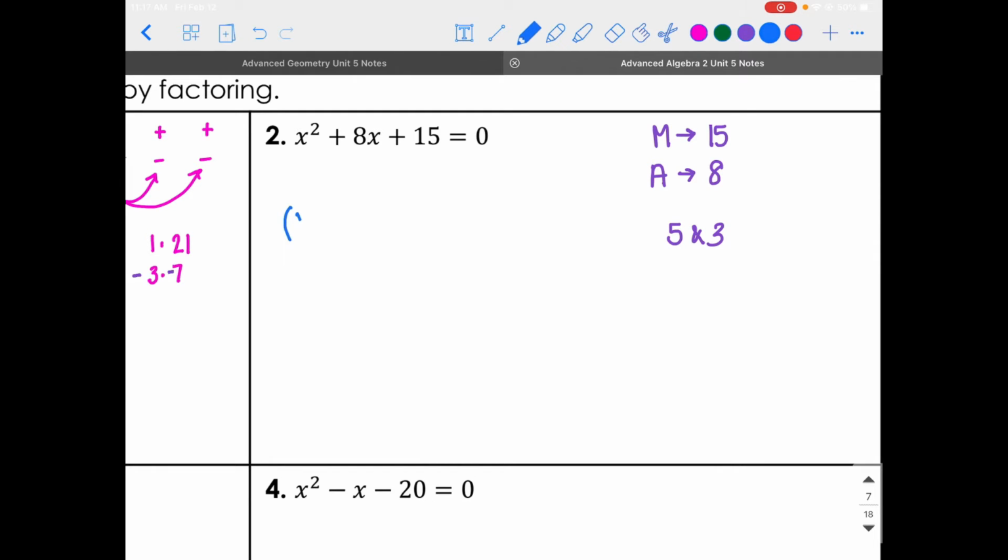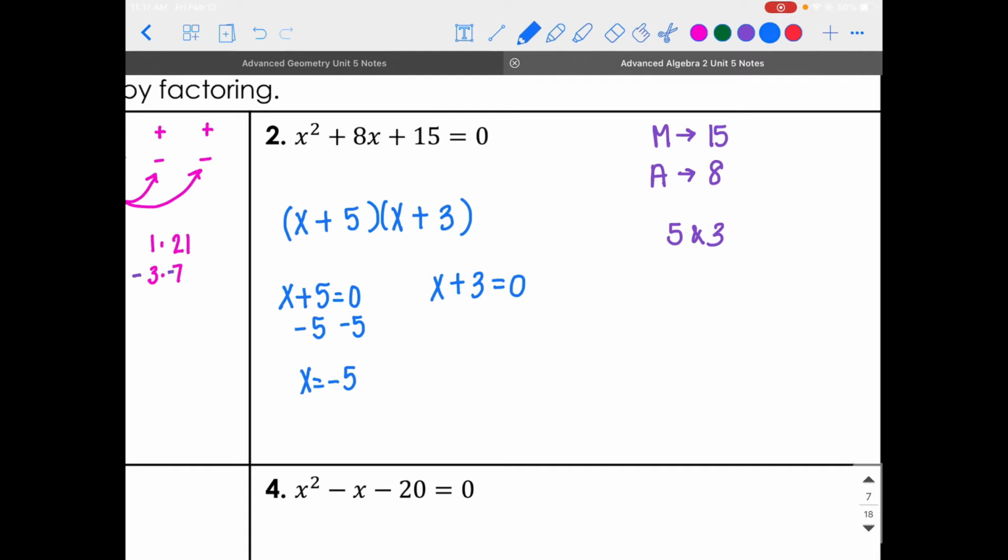So when I factor, I'm going to write x plus 5, x plus 3. Then I set x plus 5 equal to 0 and x plus 3 equal to 0. Subtracting 5 from both sides gives me x equals negative 5. Subtracting 3 gives me x equals negative 3.